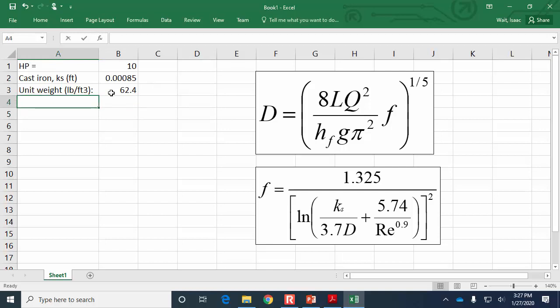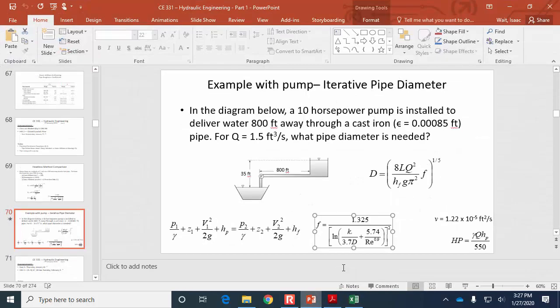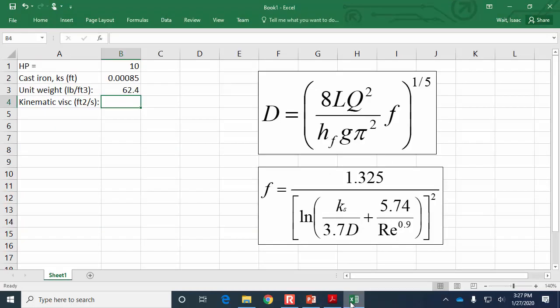Another factor is kinematic viscosity. The units there are feet squared per second. And the kinematic viscosity of water at this temperature is 1.22 times 10 to the minus fifth. Okay, so 1.22 E minus 5.